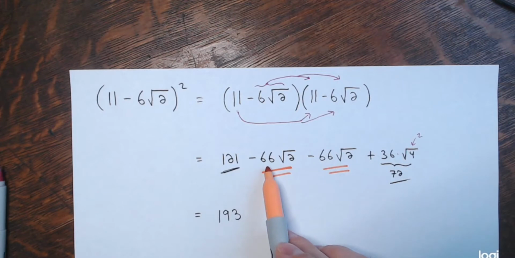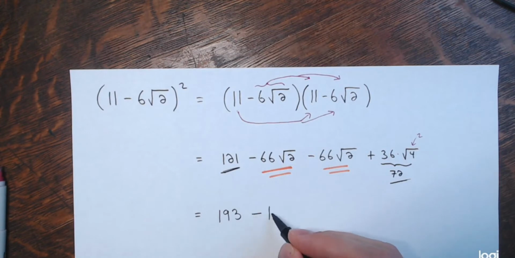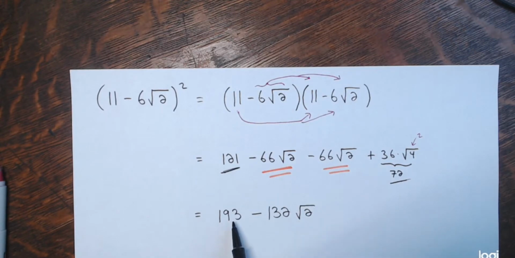Negative 66 and then minus 66 again would be minus 132 times the square root of 2. And there you go. And these don't go together, right? This is a constant term, not a radical, and this is a radical term. These do not go together.